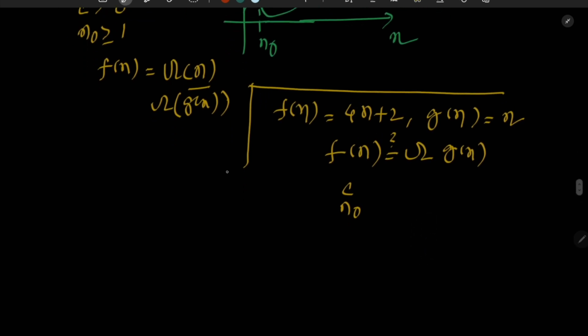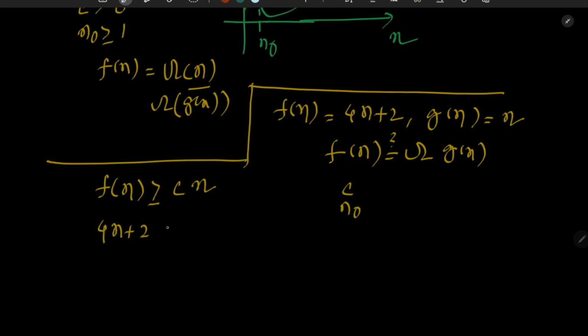Let's start by assuming that this condition is satisfied, that f(n) is greater than or equal to c·g(n). g(n) is nothing but n itself, and f(n) is 4n plus 2. So 4n plus 2 should be greater than or equal to c·n.